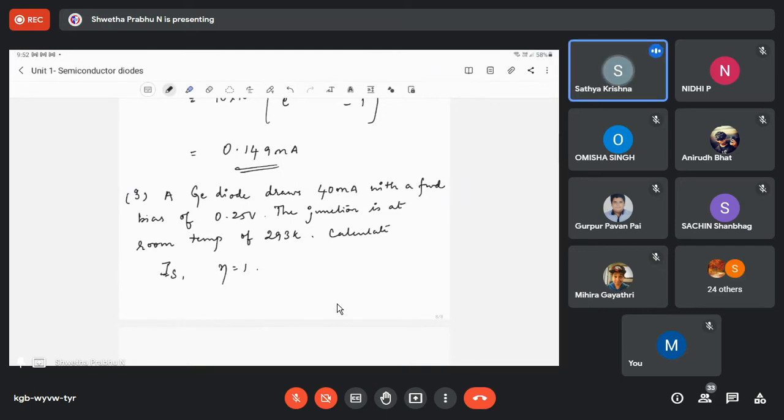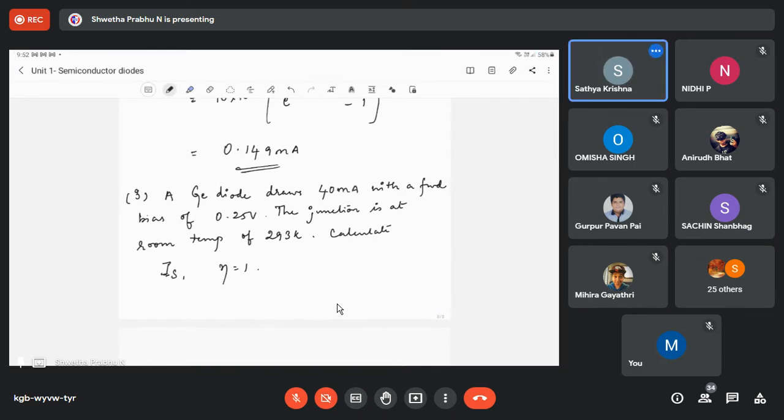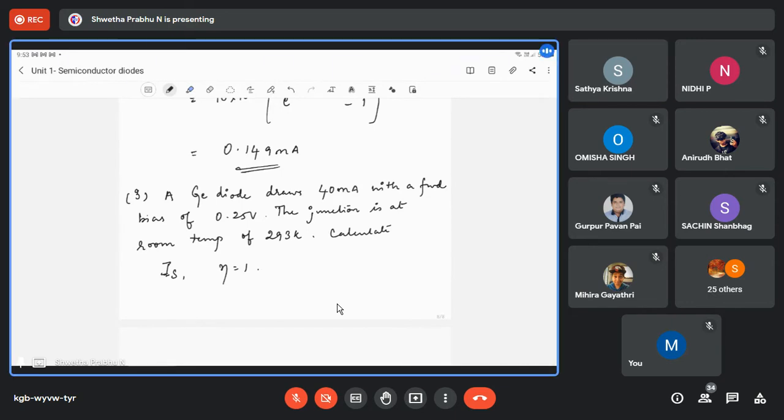Two point oh one times 10 to the power of minus 6. No, come again. I'm not able to get it. 2 microamps. 2 microamperes. Yes. Is it?